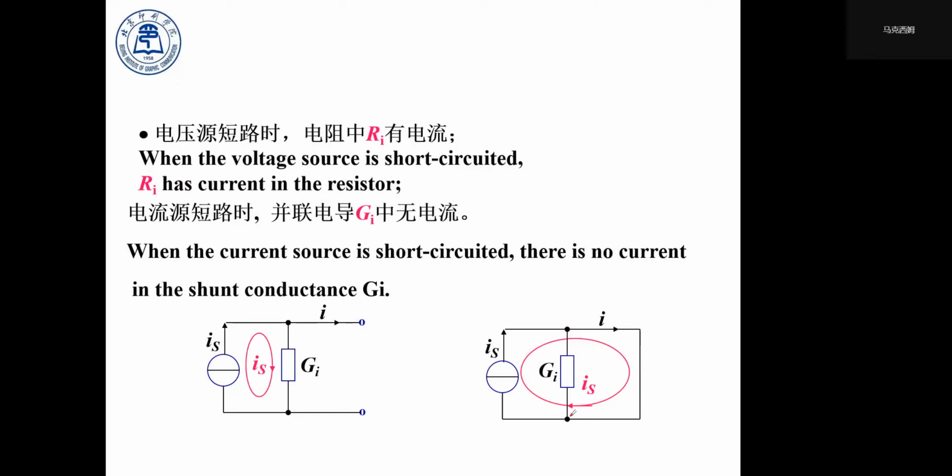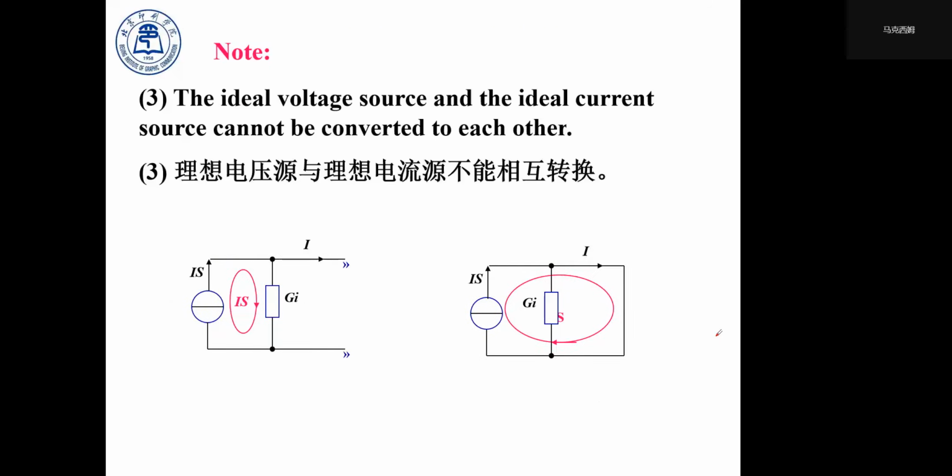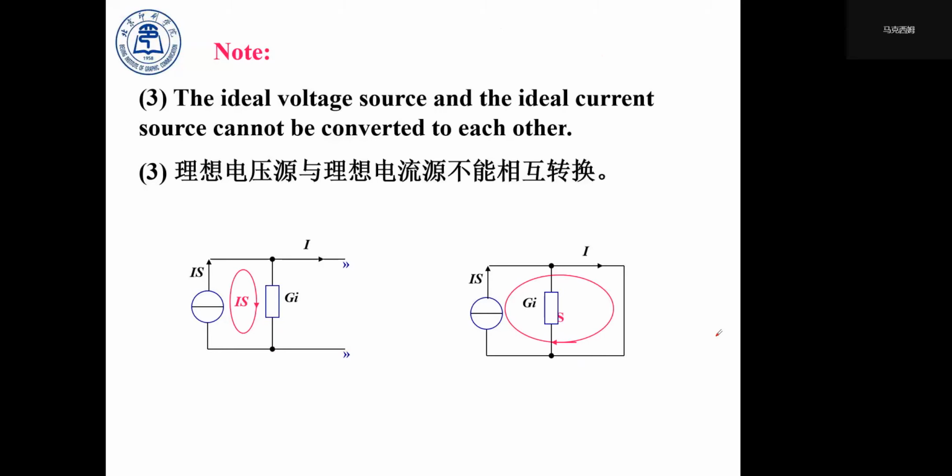Since the wire has no resistance, its conductance is infinite. So there's no current running through GI if you put a wire and bypass the GI. And we also know that the ideal voltage source and the ideal current source cannot be converted to each other. So from the inside view, those two kinds of circuits are completely different.